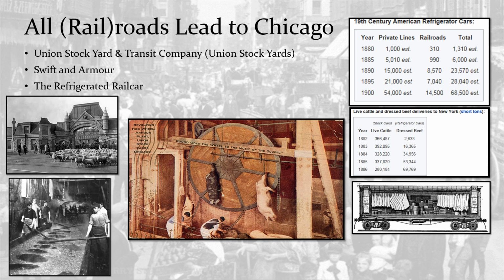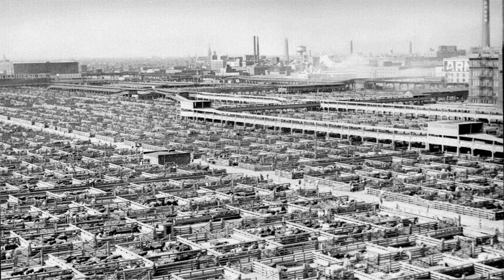And so inadvertently creates food safety. Here's an image of the stockyards. It's not hard to believe that they can do all of that and store all of those animals in place.